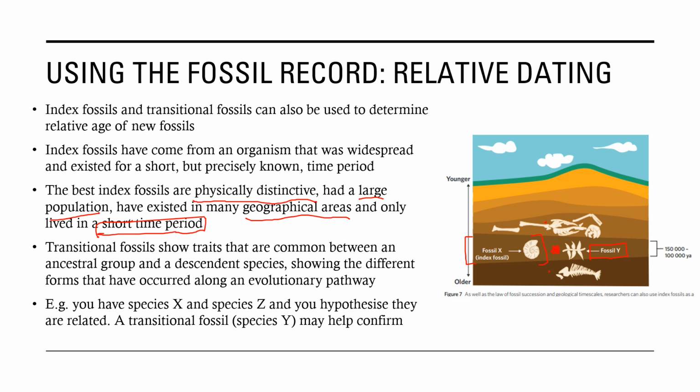So if we didn't quite know what this fossil in this upper rock strata was, we could use the transitional fossil to figure out whether it was older or later than something beneath it, for instance. So we can use known fossils to figure out the ages of new fossils as well. So that's what relative dating is. So again, it doesn't give us an exact age, but it does give us a time frame.